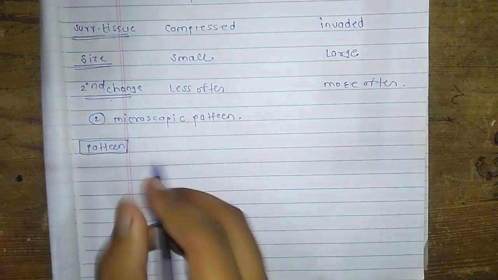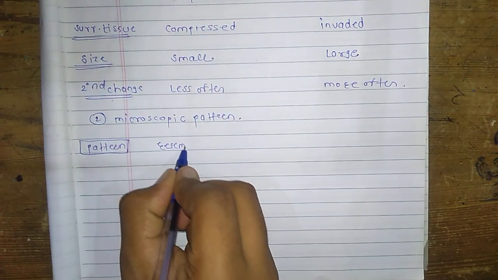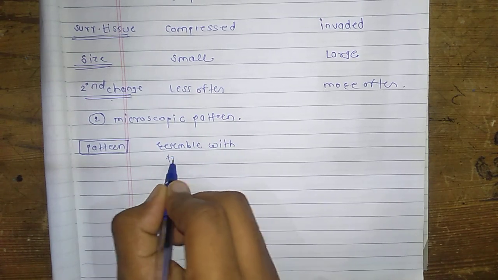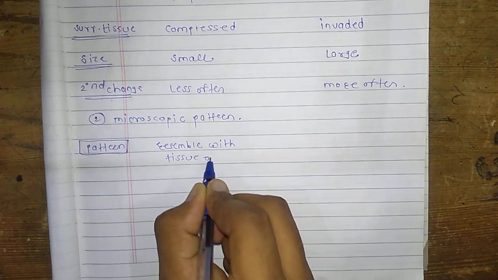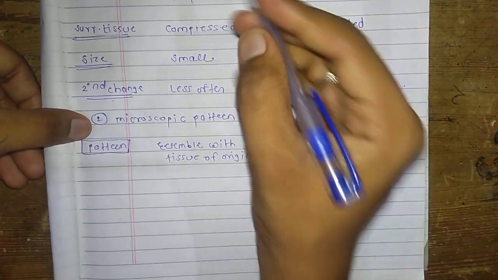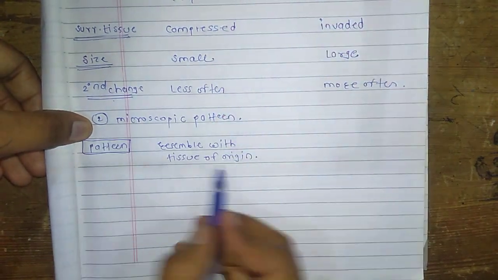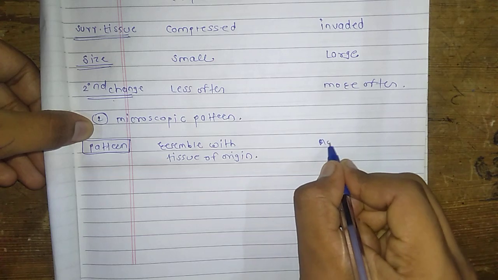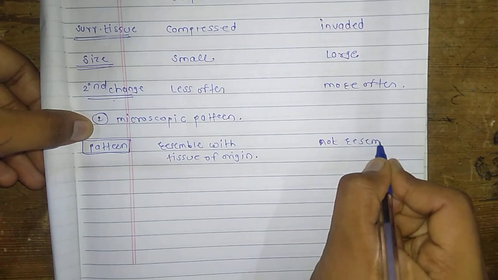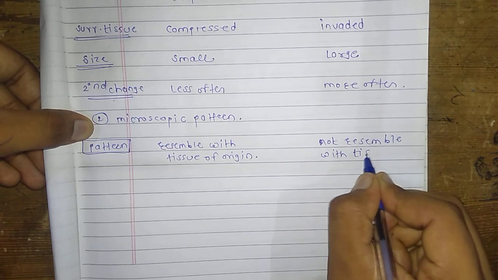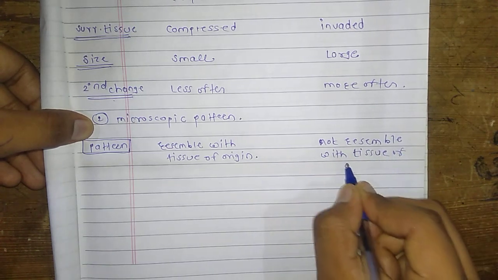The benign tumor resembles the tissue of origin, means benign tumor is the same as the tissue of origin, and malignant tumor does not resemble the tissue of origin.